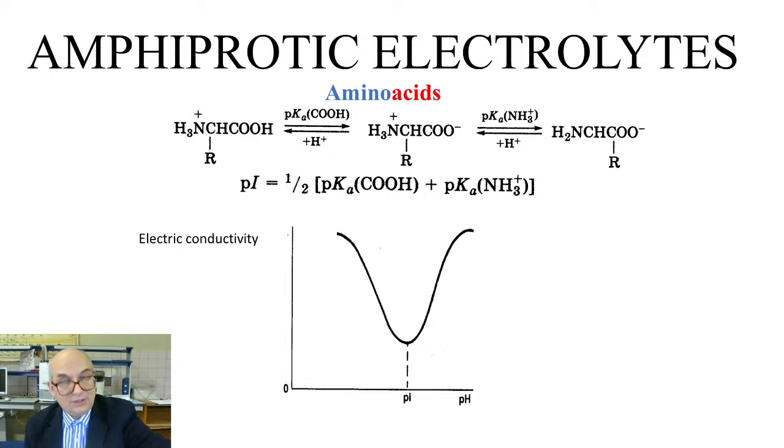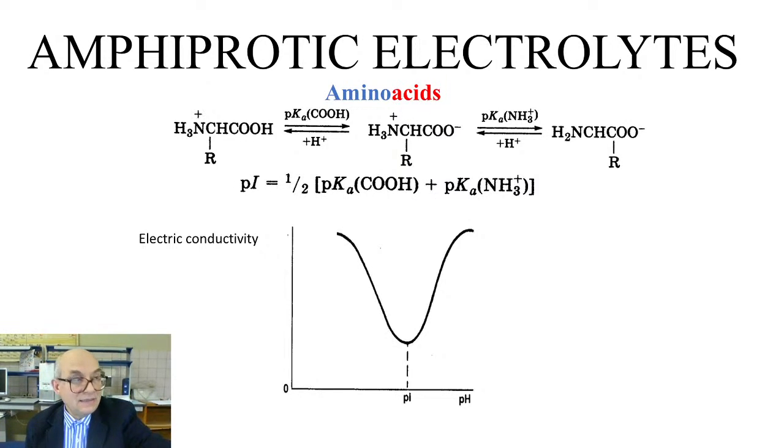But quantitatively, let's look at this theoretical scheme using a quantitative characteristic of the ionization. From the center to the left, the quantitative characteristic is the ionization constant of the carboxylic group, or negative logarithm of the Ka.